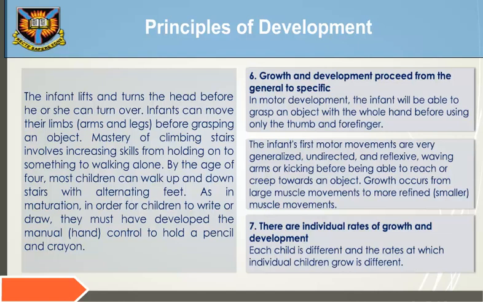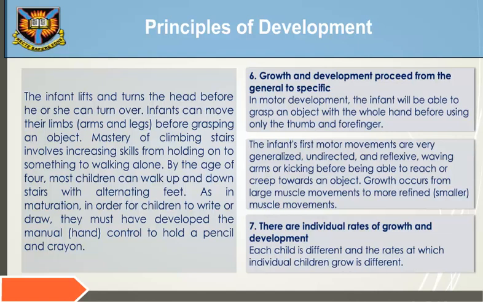By the age of 4, most children can walk up and down stairs with alternating feet. As in maturation, in order for children to write or draw, they must have developed the manual hand control to hold a pencil and crayon.